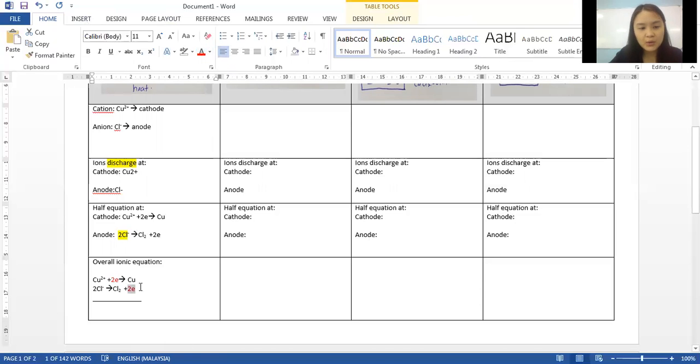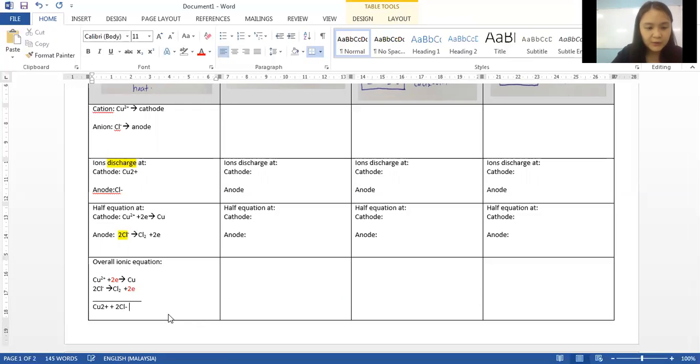So to build an ionic equation, all you need to do is cancel off the electrons, and then you combine your reactants on the left-hand side and products on the right-hand side. All right, so imagine now I've cancelled my electrons. The reactants for these reactions are Cu2+ and 2Cl−. These are the reactants that are found before the arrow, right?